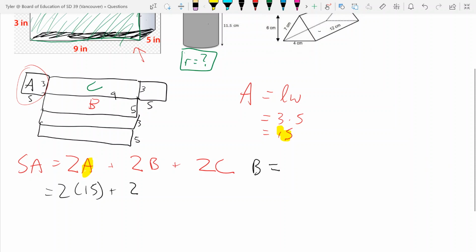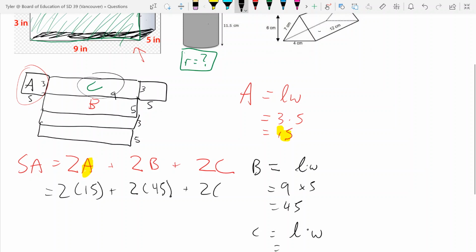Sorry, length times width. So 9 times 5 is 45. I'm going to put the 45 in right here. And then for C, the 9 by 3, I again do length times width, 9 times 3. So I get 27. So I put my 27 in.